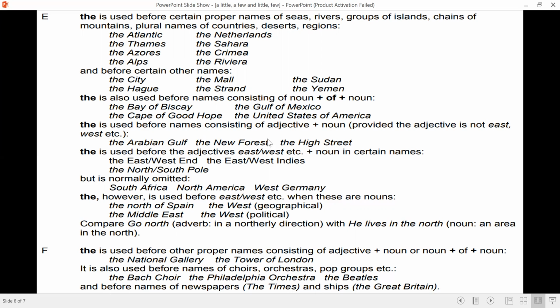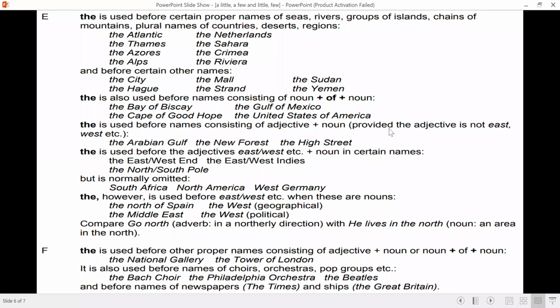So the can be used before a structure like this: adjective plus noun. And that adjective plus noun structure should consist of names. For example, Arabian Gulf, this is a name. New Forest, this is a name. High Street, this is a name. And the same is the case with these examples. The Gulf of Mexico here, Gulf of Mexico, they are names.